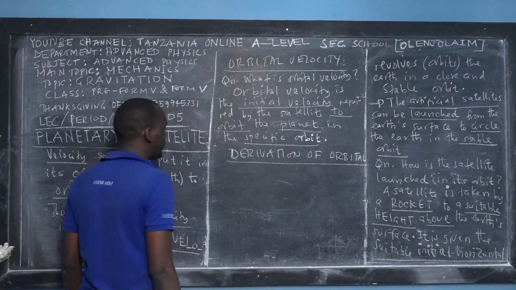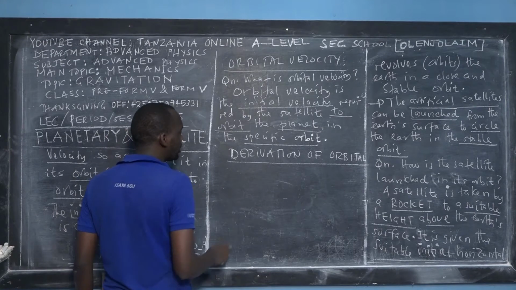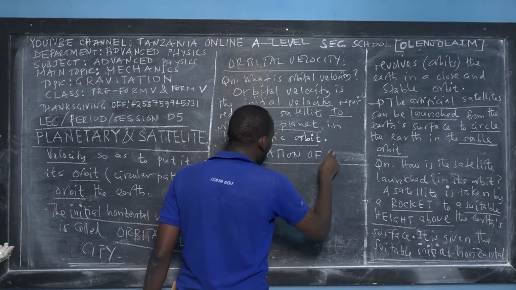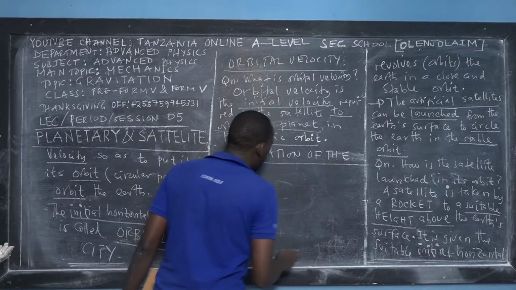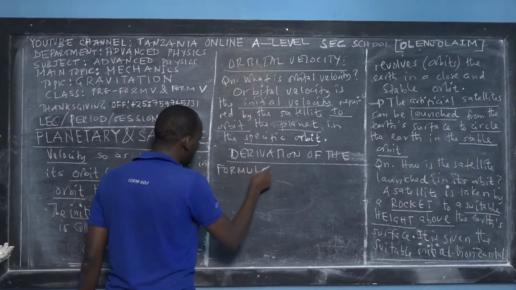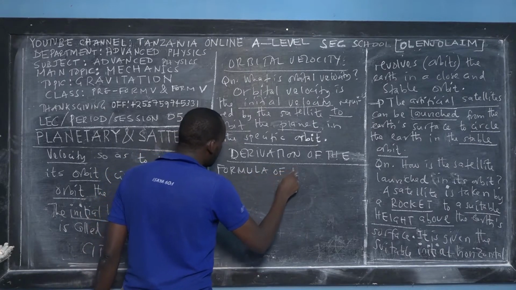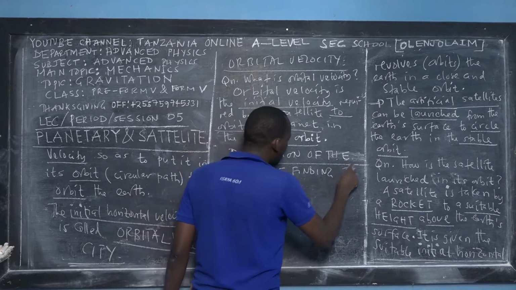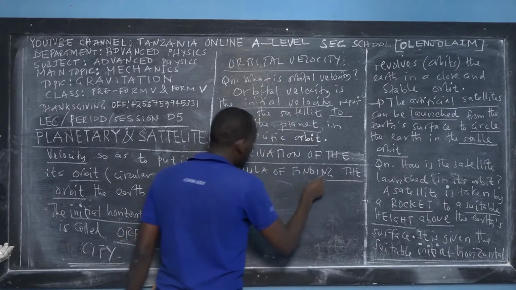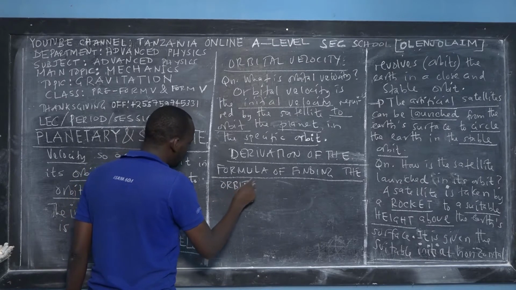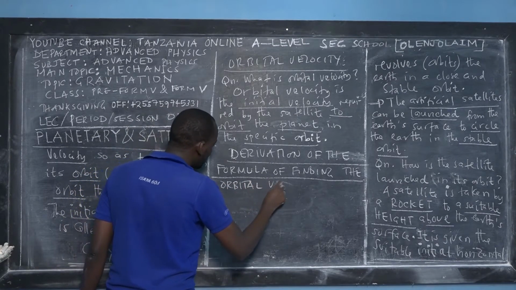Derivation of the formula of finding the orbital velocity.